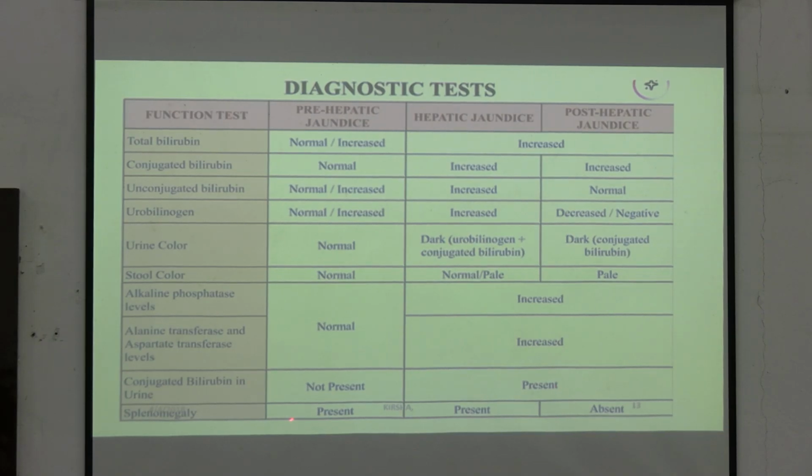Conjugated bilirubin in urine is not present in pre-hepatic jaundice, it will be present in hepatic and post-hepatic jaundice. Splenomegaly will be present in pre-hepatic and hepatic jaundice, absent in post-hepatic jaundice. So this is how we can differentiate between pre-hepatic, hepatic and post-hepatic jaundice on the basis of liver function tests.